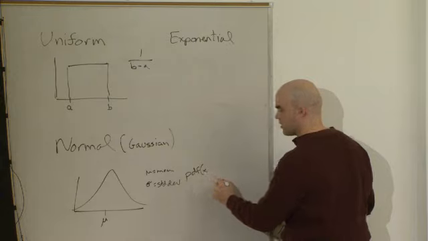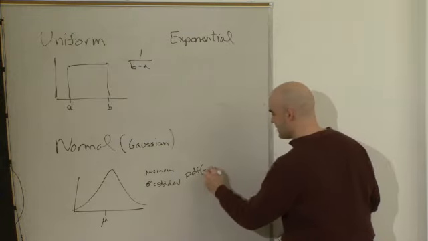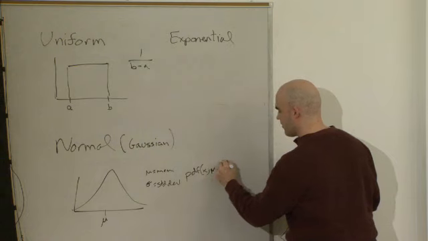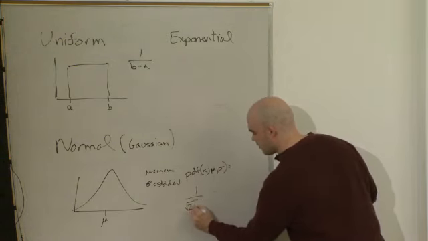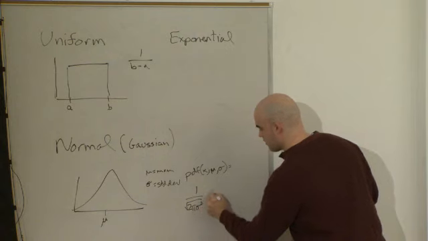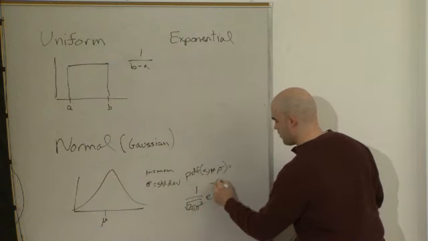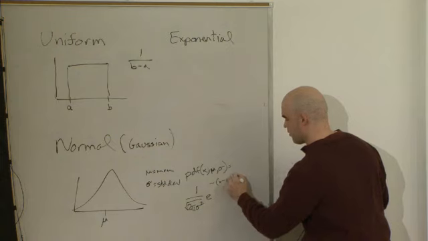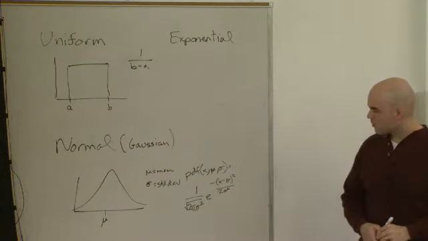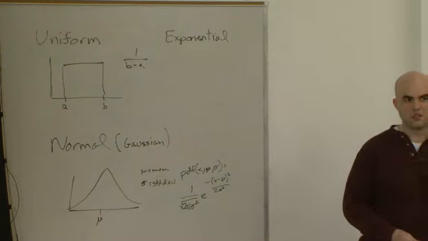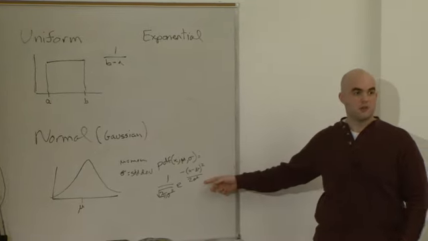And the stats major can correct me if I'm wrong. So, might be a little scary, I don't know. It intimidated me the first time I saw it. Does that look about right to you?